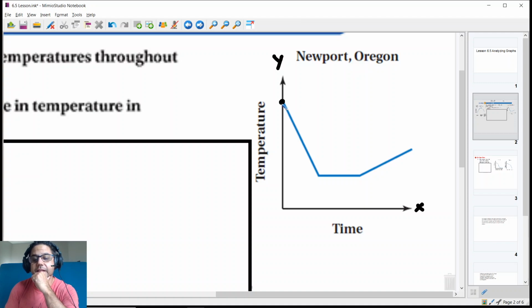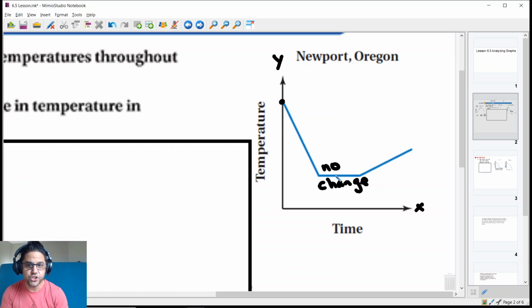Do you notice how quickly, like a slide that would send a little kid flying down? Whoa, really fast. And then right here, as the day keeps going by, there's no change in the temperature. The time is always increasing, but the temperature gets to stay the same. So there's no change. That's a constant temperature.